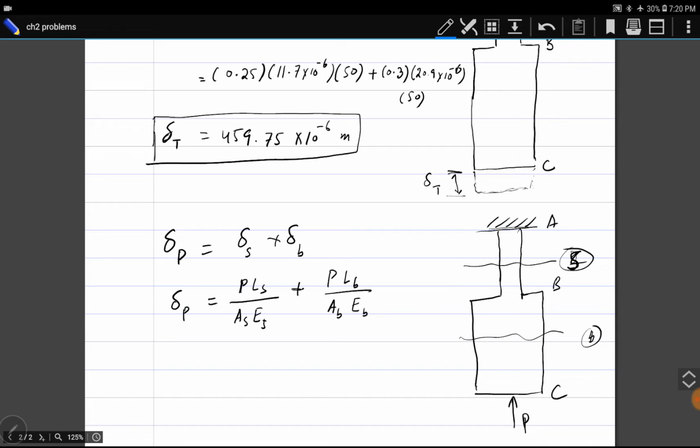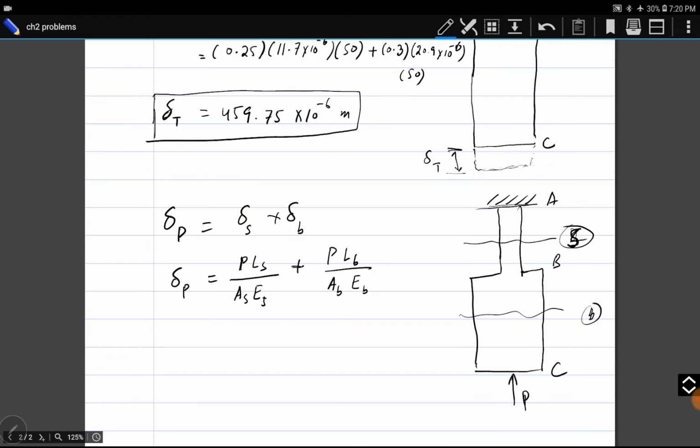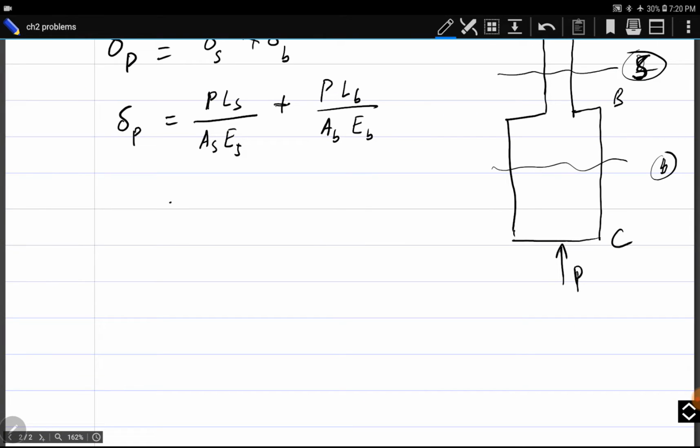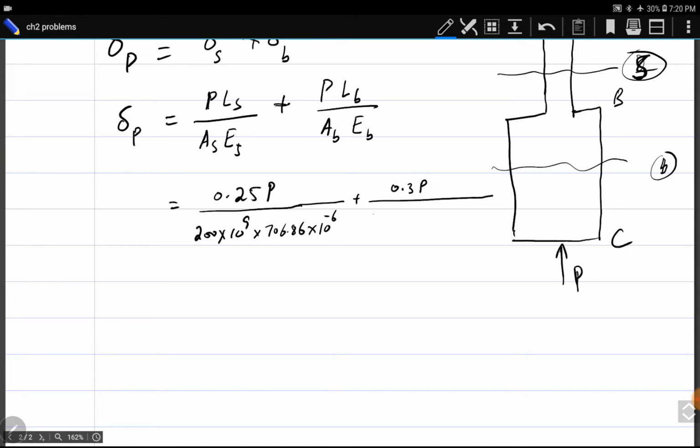We will put the values in it. It becomes 0.25 P divided by 200 into 10 power 9 into 706.86 into 10 power minus 6, plus 0.3 P divided by 105 into 10 power 9 multiplied by 1963.5 into 10 power minus 6.